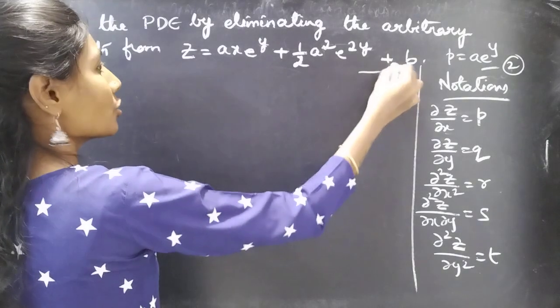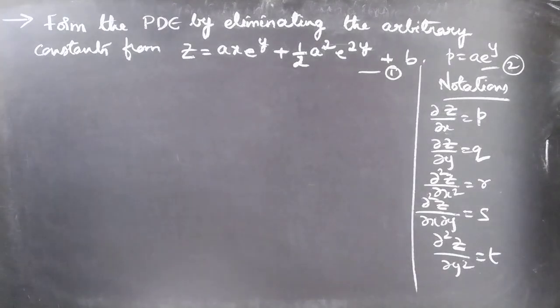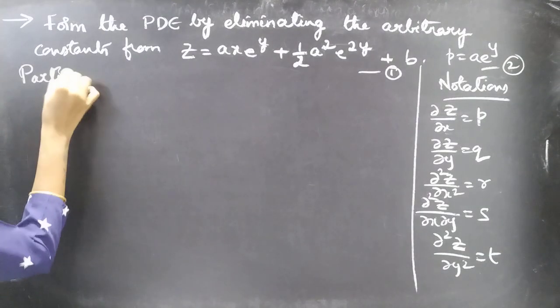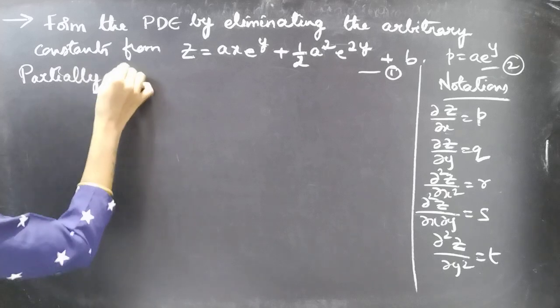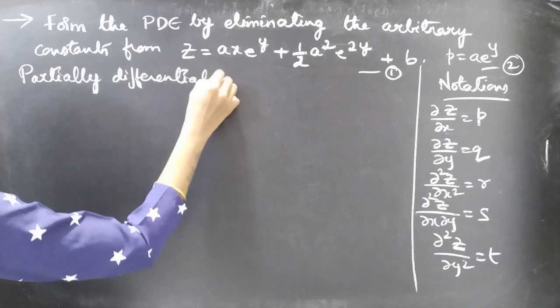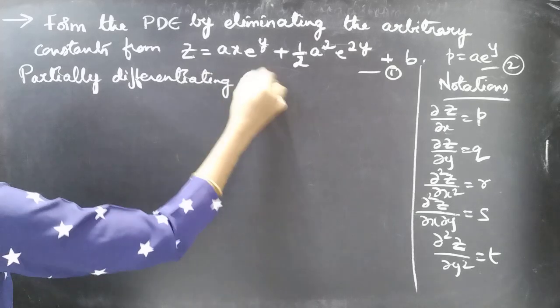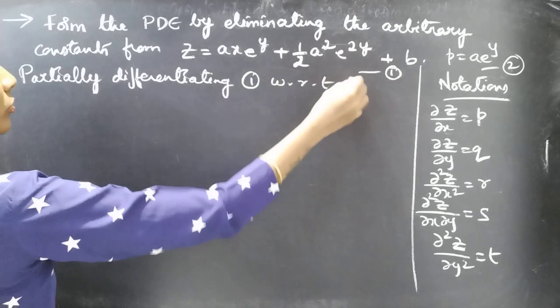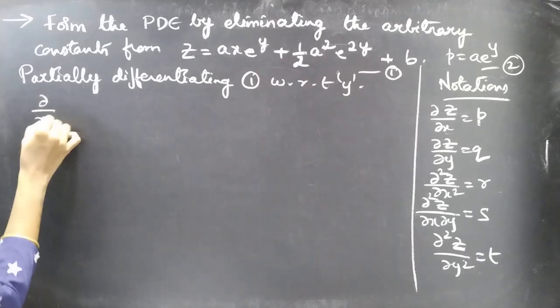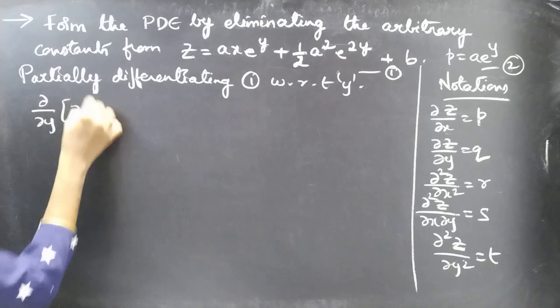Now partially differentiate 1 with respect to y. Since we are partially differentiating 1 with respect to y, we'll treat x as constant. Apply dou by dou y on both sides of 1.